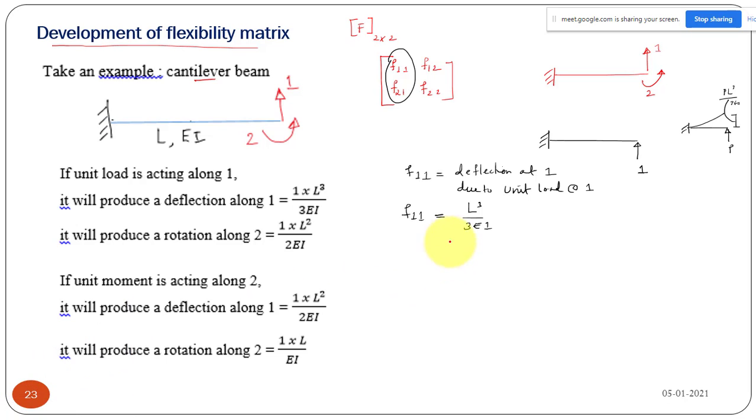Okay, and what is element F21? Not the equation. Can you tell me what F21 actually is? It is a displacement at 2. Displacement at 2 means you have to see the direction. It is a rotation, because this displacement component is a rotational component.